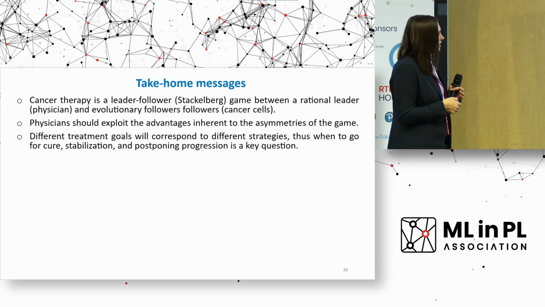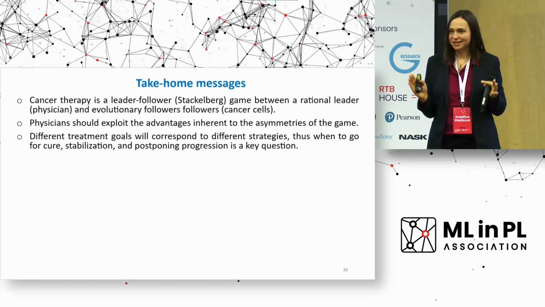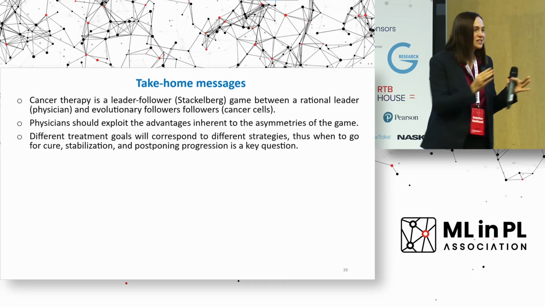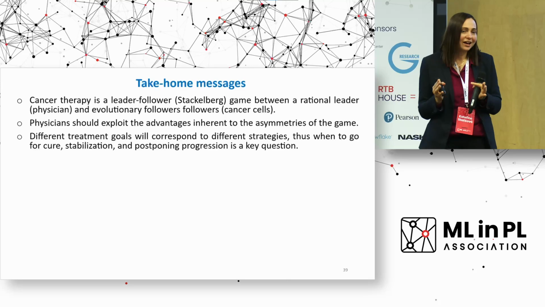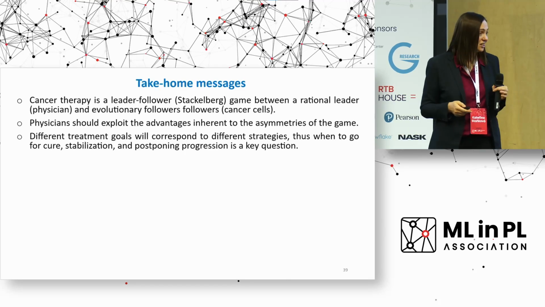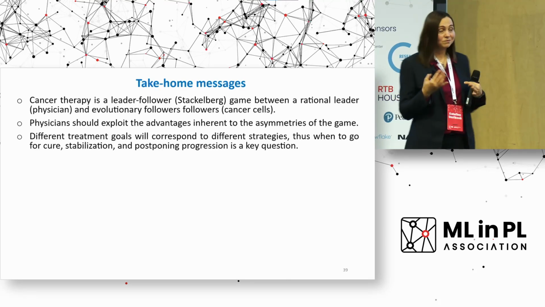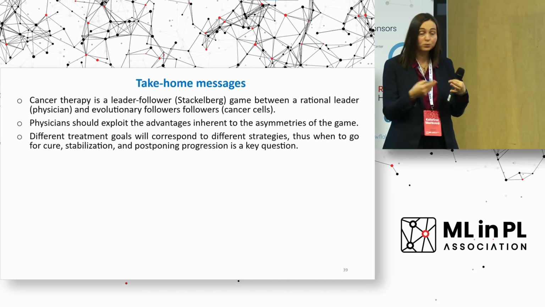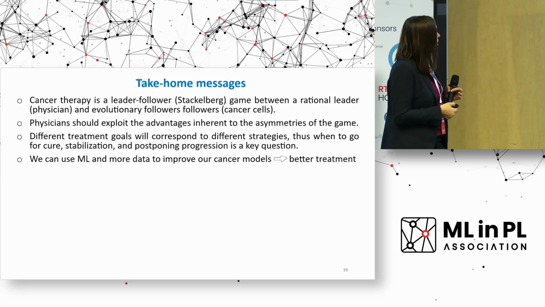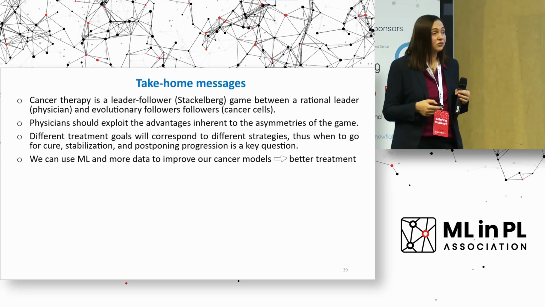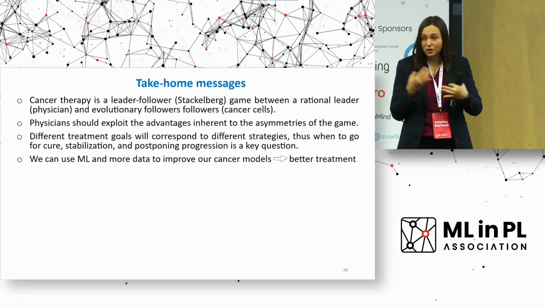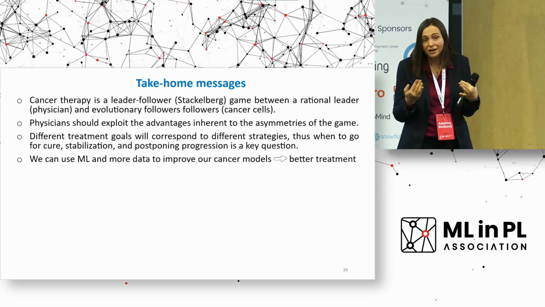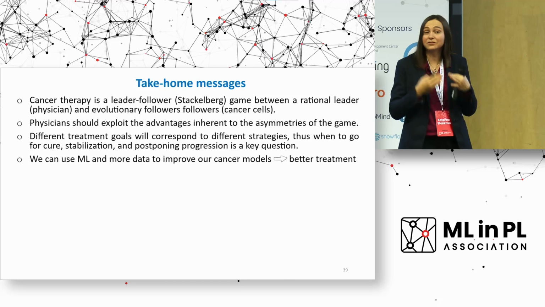Then, of course, what the treatment goal is, is a question, because if you have any evolving system and you want to lead it somewhere, depending on the objective you have, you would end up with a different strategy. So the first question to ask yourself is, what do you want to achieve for this patient and what does the patient want themselves? I strongly believe that, at least from the initial evidence, we can use machine learning and we can use the additional data which we have, but it's still very messy, right?